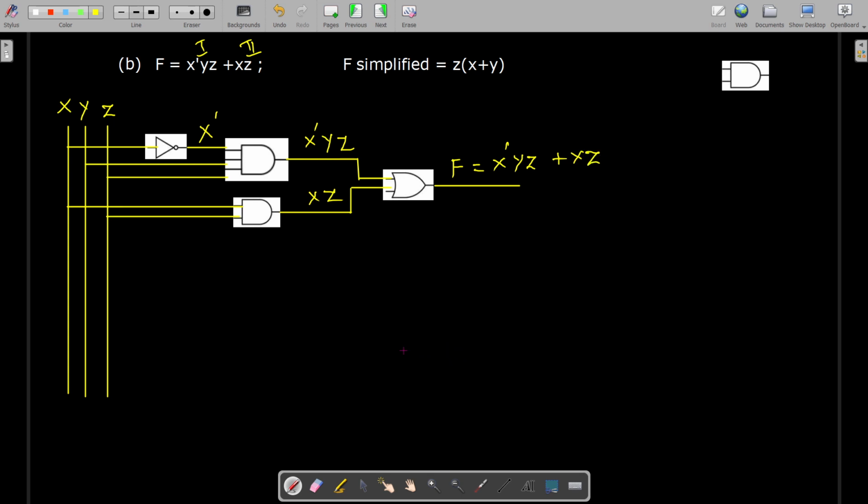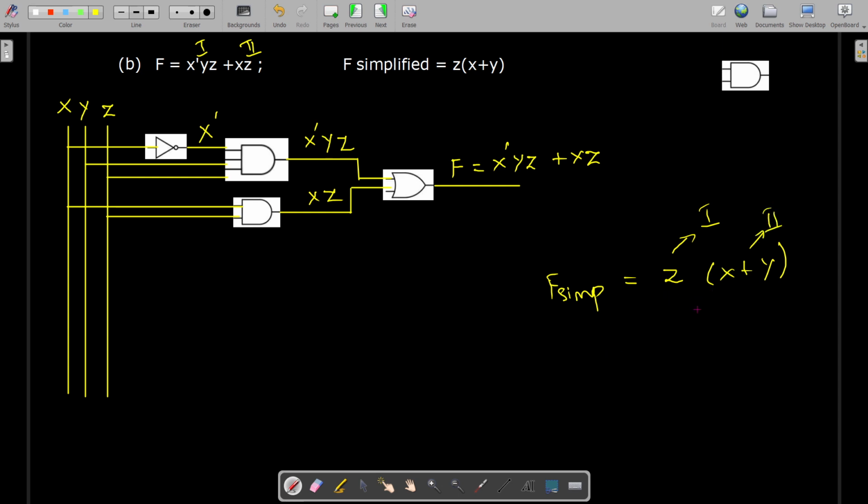So we have to draw the logic diagram for f simplified also. So when you consider this f simplified, z is one term and this x plus y is our second term.